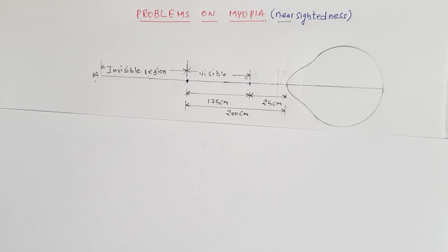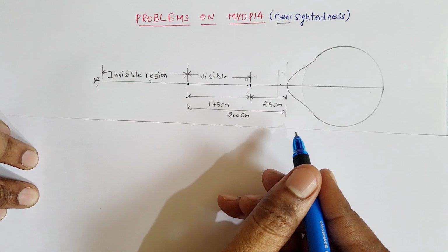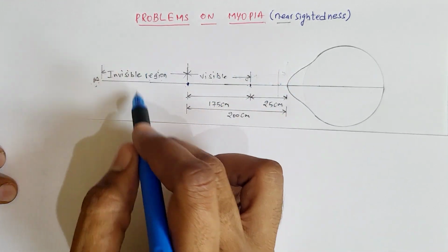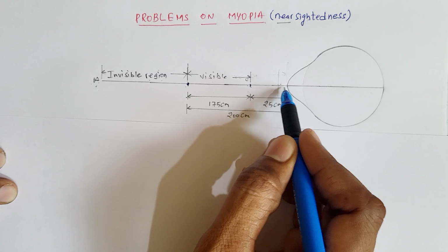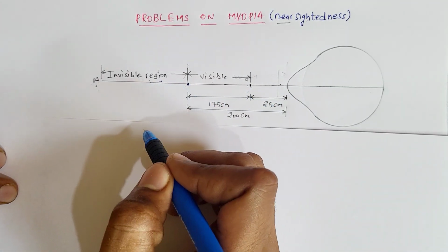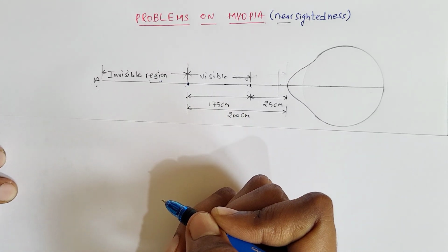Now how to solve the problem on myopia? After identifying the defect is myopia, they'll give a question like this: a person is unable to see things placed farther than 175 centimeters. Identify the defect and find the suitable power of lens.